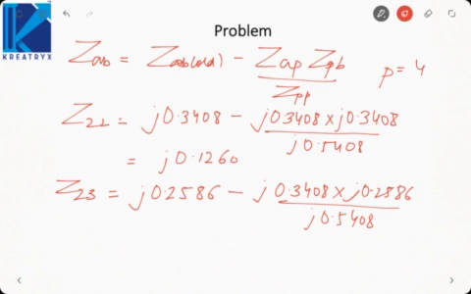So the answer will be 0.2586 minus 0.3408 into 0.2586 divided by 0.5408. So it will be j0.0956. Okay. So that will be the Z23.